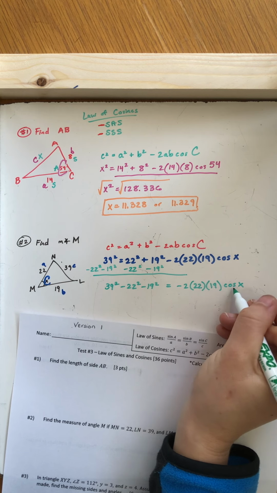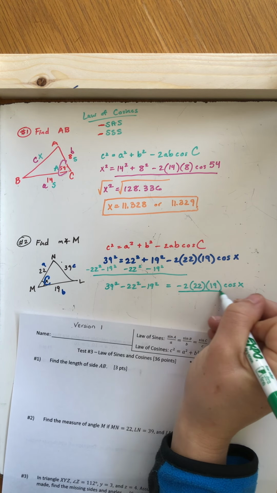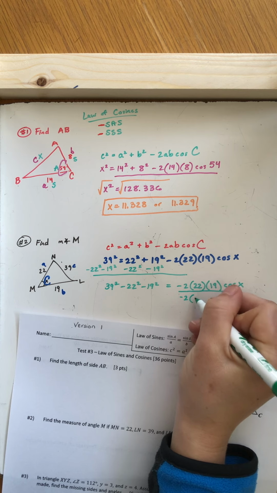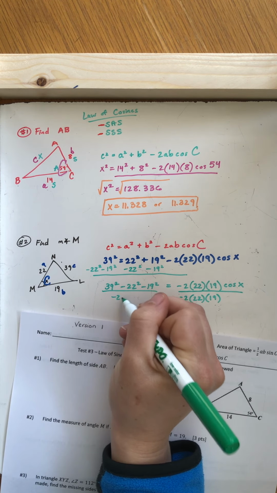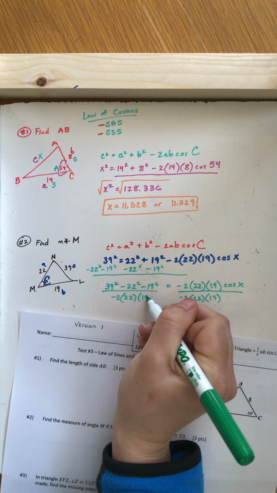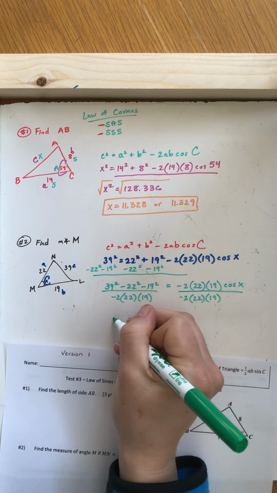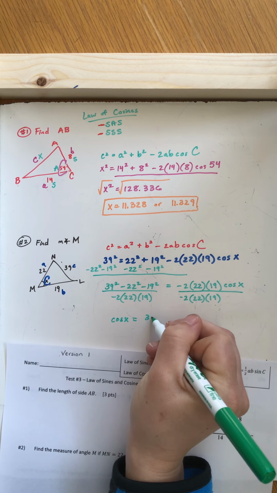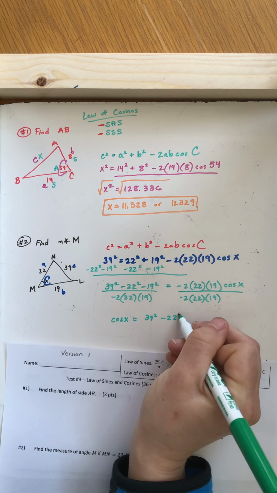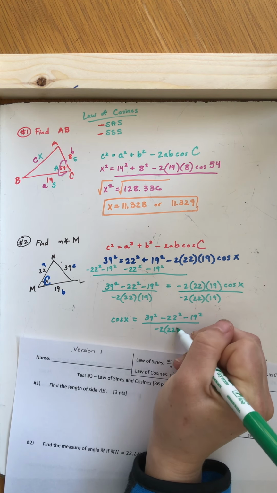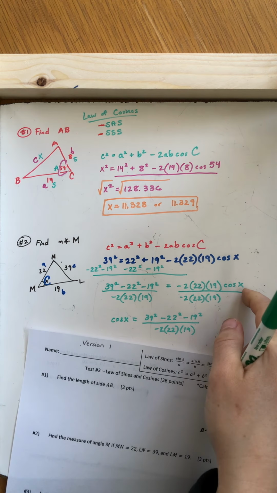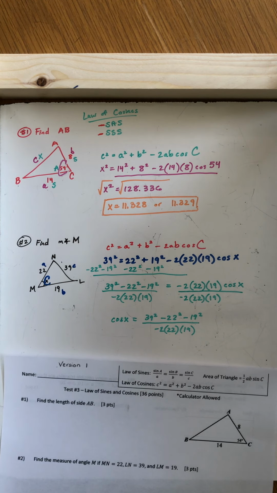Now, these numbers are being multiplied by cosine x. So to undo that, we are going to divide by those numbers on both sides. Now I just took this cosine x and I put it on the other side. I just kind of flip-flop the two sides so it'd be easier to see.